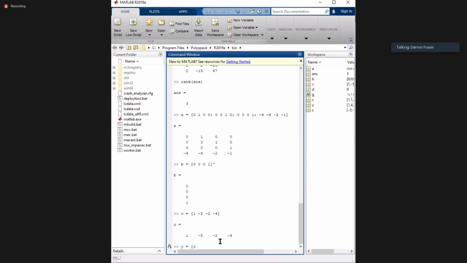Then the next one is C times A. Then the next one is C times A squared. We must have four of them. And the next one is C times A cubed.